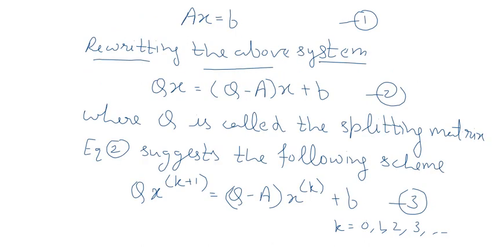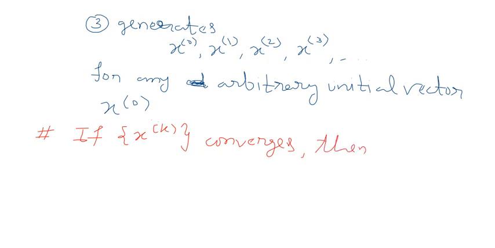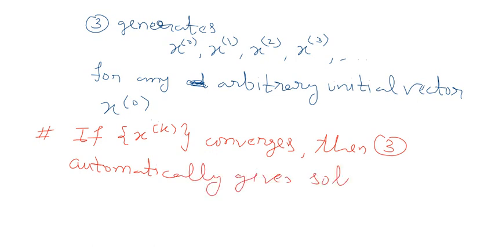If the sequence x_k converges, then 3 automatically gives the solution of 1.